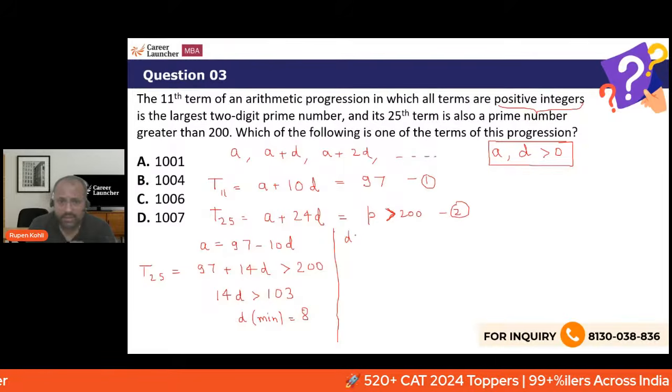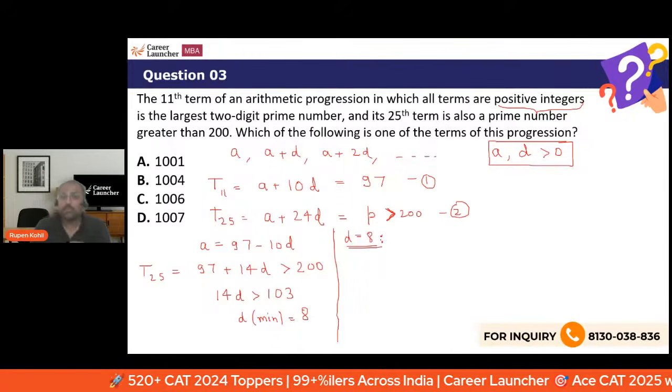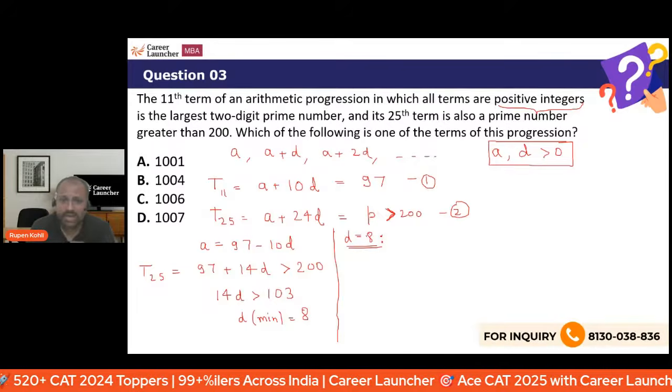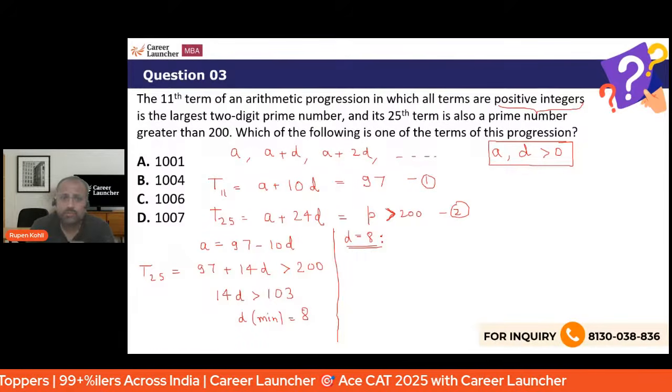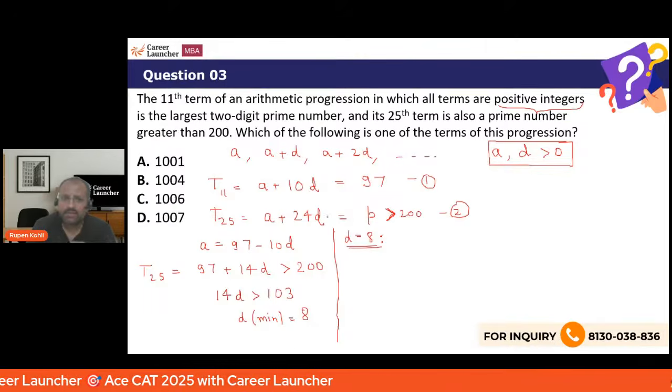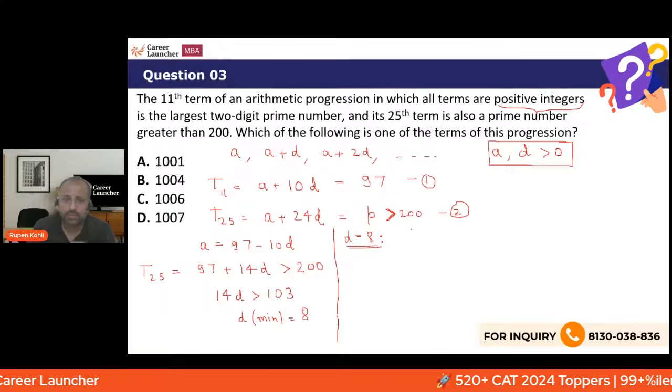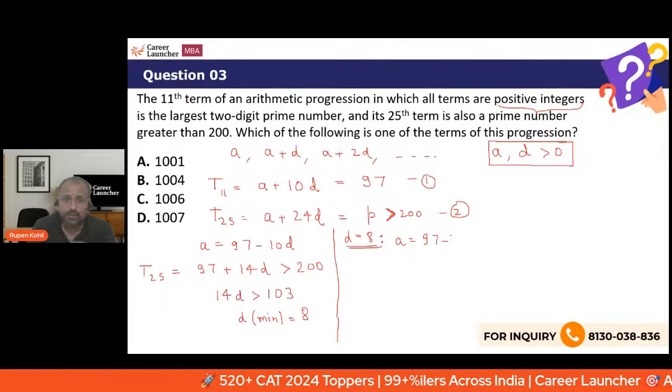Now we can do our number fitting, given that we have figured out this minimum constraint on the common difference. So what if I start doing my trial and error process? Let me see what happens if I put d equal to 8. As I keep putting values of d, from the first equation I'll keep getting the values of a, and then I can see what I'm getting for the 25th term. So if d is 8, a becomes 97 minus 10d, 10 into 8 is 80.